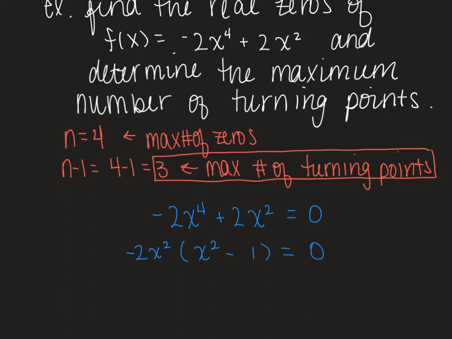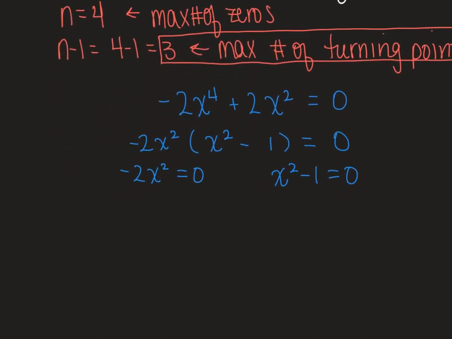Equals 0. When you have two factors being multiplied that equal 0, you set them both equal to 0. So you have negative 2x squared equals 0, and x squared minus 1 equals 0. Solve them separately.